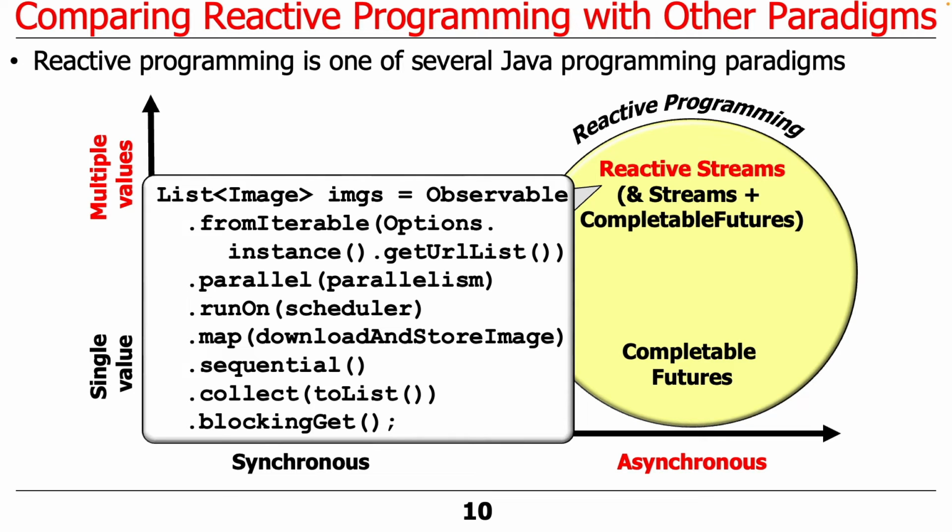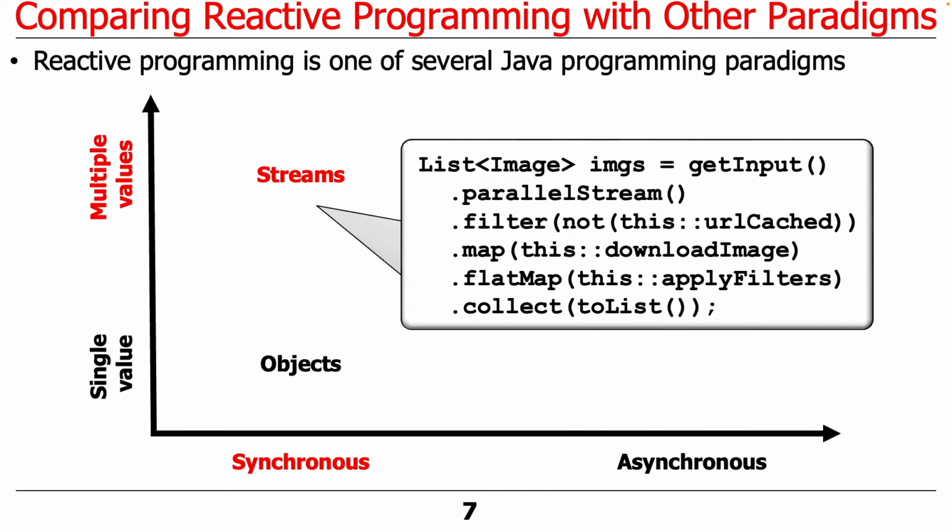Now, I would be remiss if I didn't also mention that there's another paradigm that's coming up. It's finally here after a long wait, and that's the so-called structured concurrency approach that's available with modern Java, starting with Java 19.